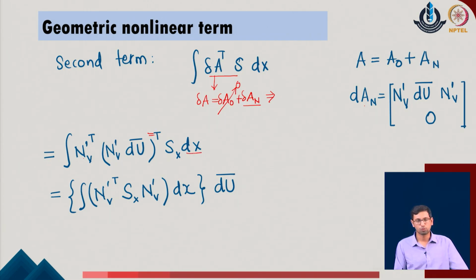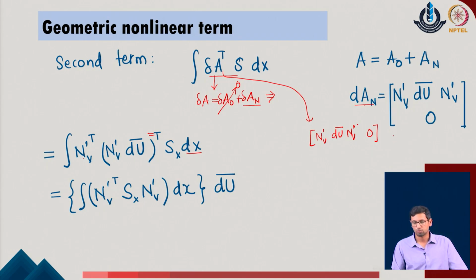So, the idea over here is that d A n has two values in the given system, out of which one of the values is 0. If I consider this given function in terms of the transpose value, it will come out with the expression n v dash du bar, and the second value will come out in the row now, because I am taking the transpose of the given system.